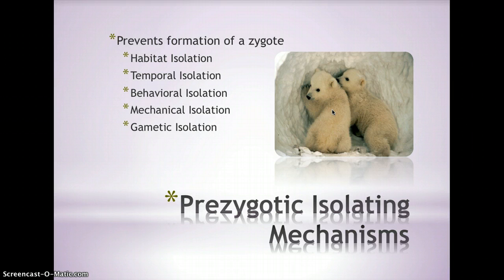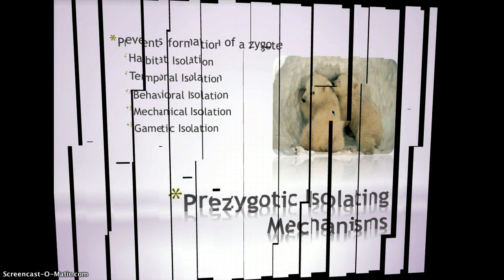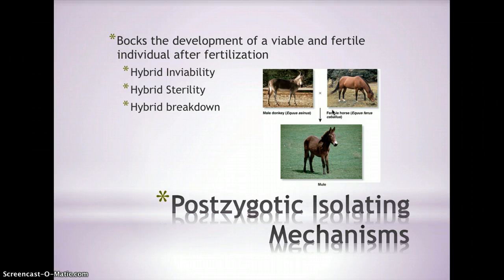So that protein is part of gametic isolation because it would prevent the interbreeding of different species. So that's enough about prezygotic isolating mechanisms. Let's get into postzygotic isolating mechanisms.